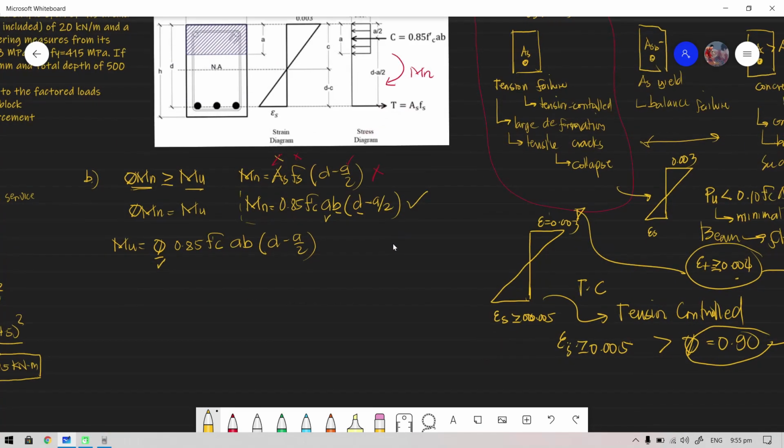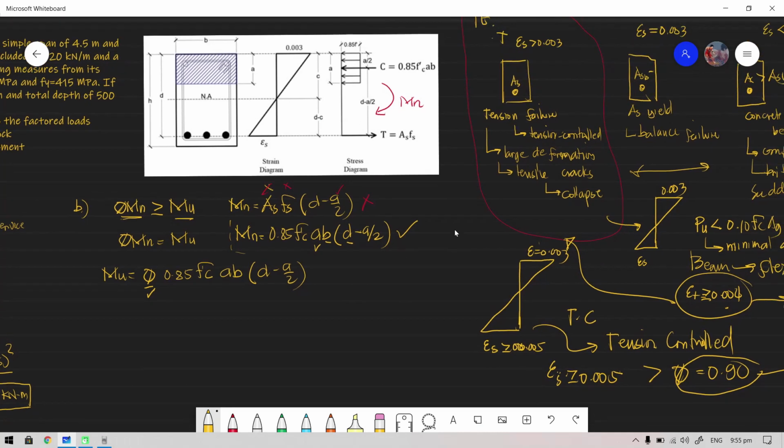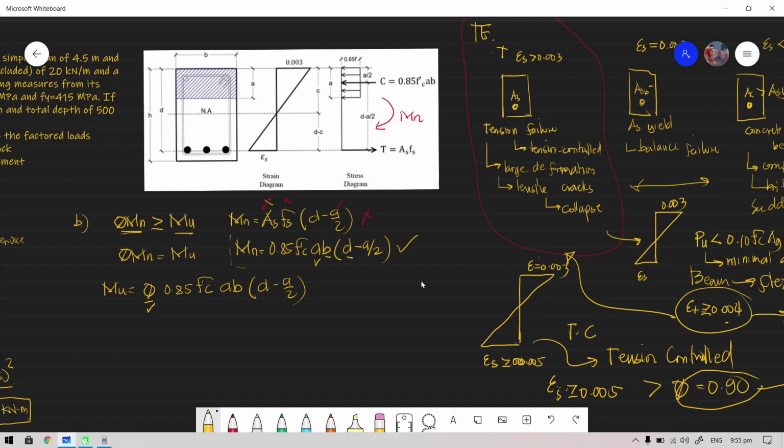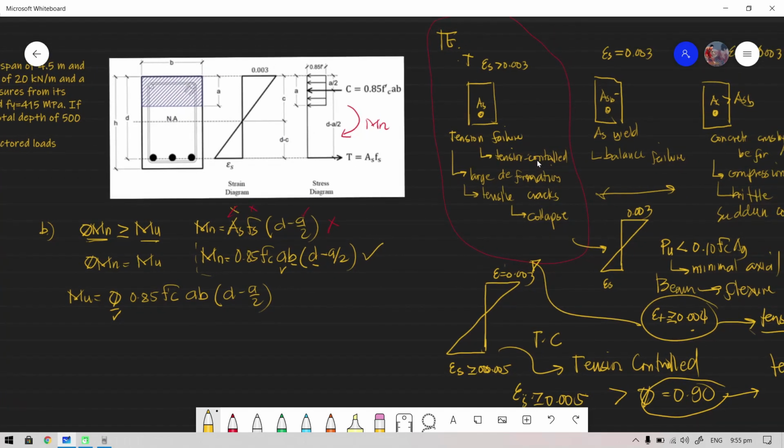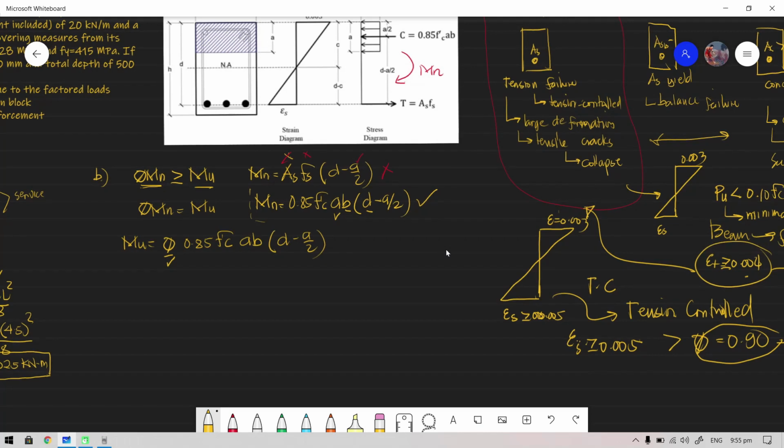Pero, if we look closely dito sa strain diagram, if you want our beam to be tension control, kapag nasa tension control region siya, magpa-fail na rin siya in tension. Okay, so that's why our reduction factor phi here will be 0.9.